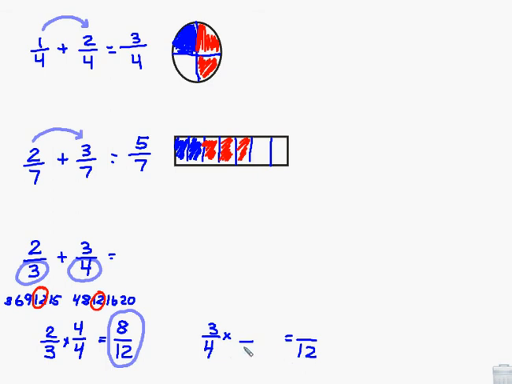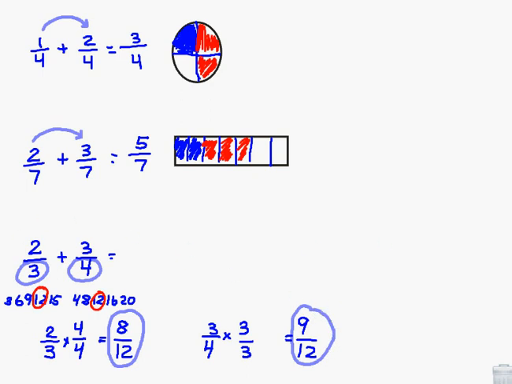I'm hoping that you realized it was 3. 4 times 3 is 12. And what we do to the bottom, we have to do to the top. If the denominator is multiplied by 3, then the numerator has to be multiplied by 3. 3 times 3 is equal to 9. So 3/4 is equal to 9/12.